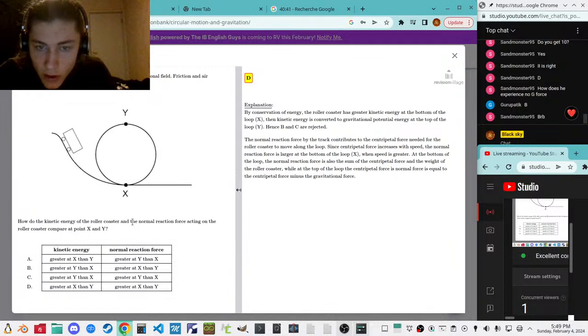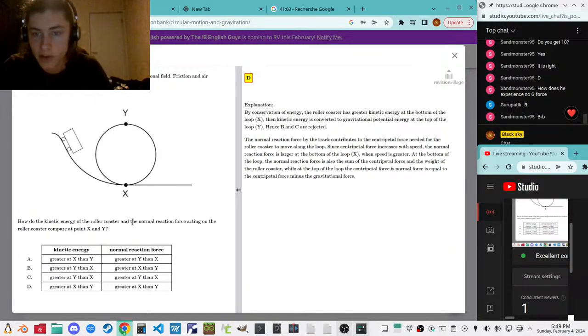Normal reaction force by the track contributes to the centripetal force needed for the roller coaster to move along the loop.